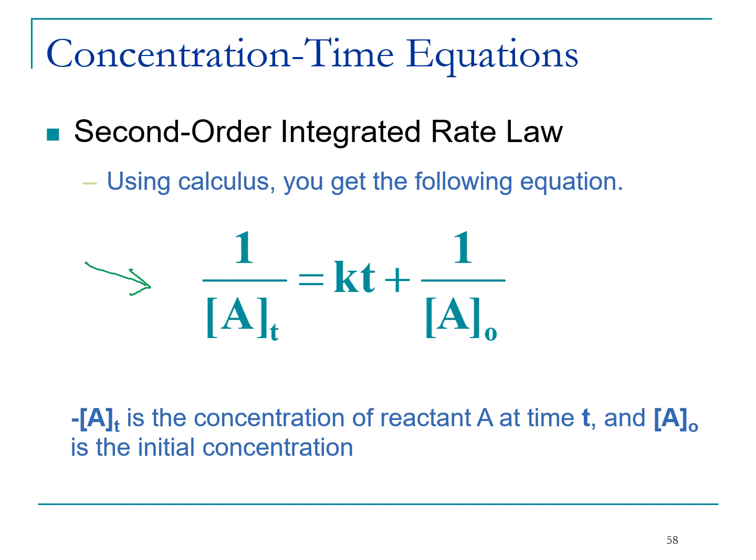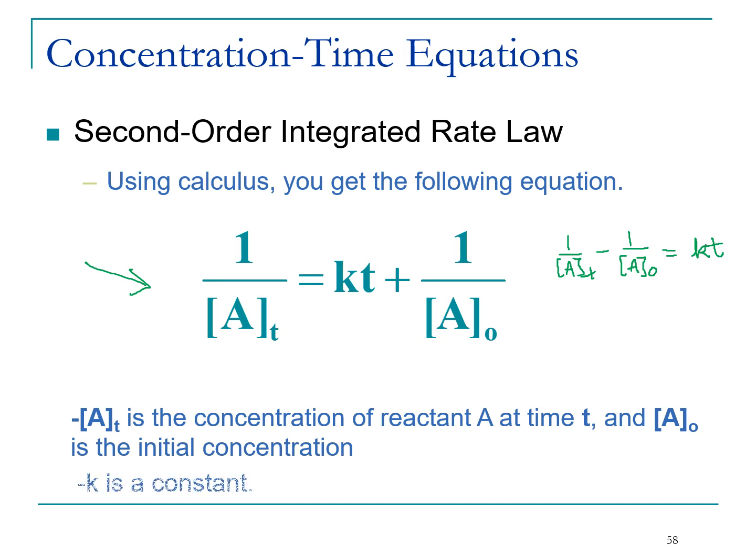So it's a little bit easier to work. If you rearrange it, 1 over A_t minus 1 over A naught equals KT. That's just another way to write it. It doesn't really matter. But just be careful with this one too, because if you're solving for something that's in the denominator, make sure to invert it.